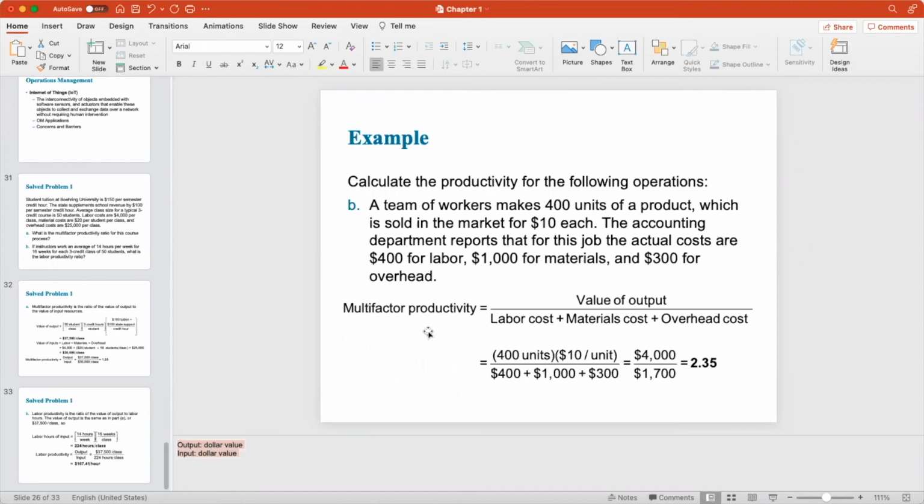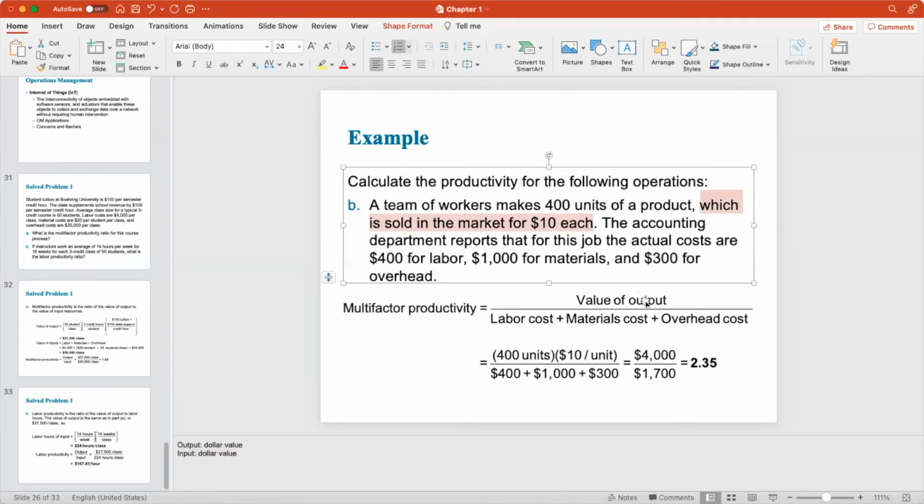Since we are trying to calculate the productivity, if we are talking about the dollar value of the output, how do we calculate this? Remember, in this specific context, the team of workers makes 400 units of products. But this would be the number of the products. Since I want the unit for the output to be dollar value, we need to further multiply by the market price for every unit.